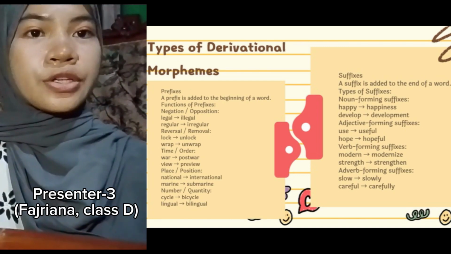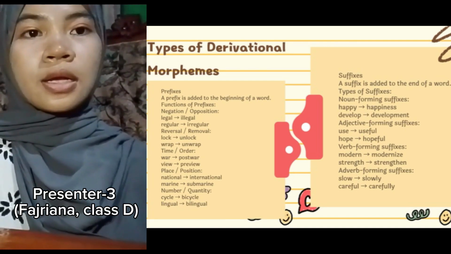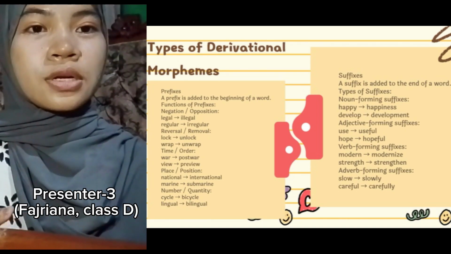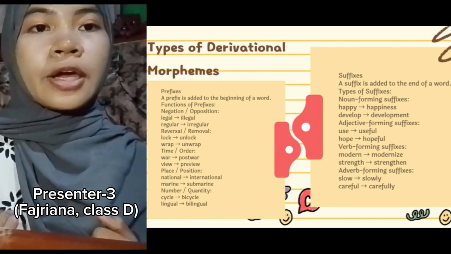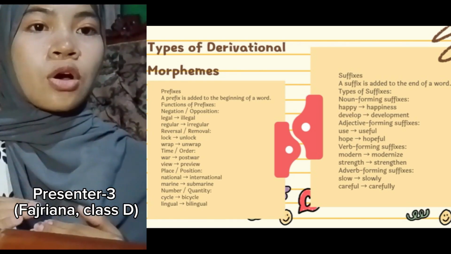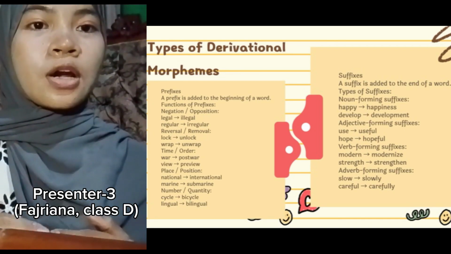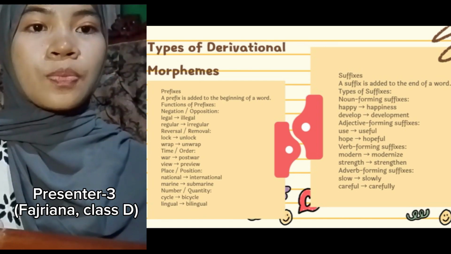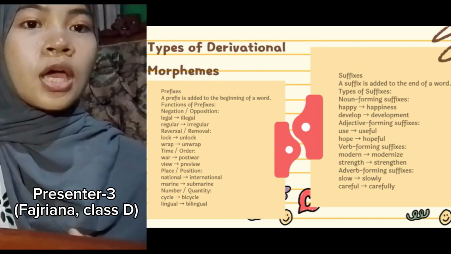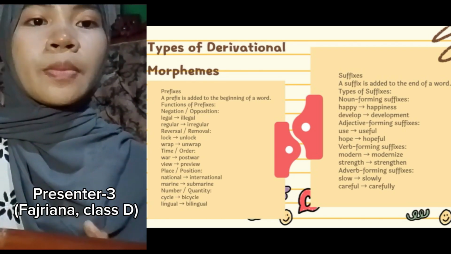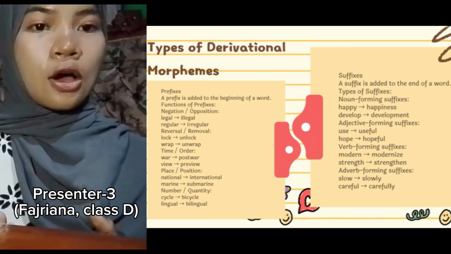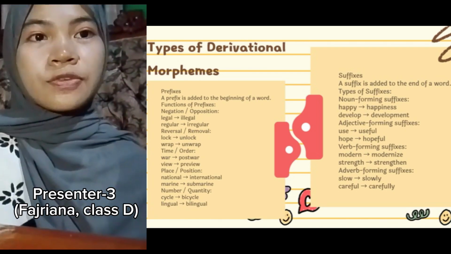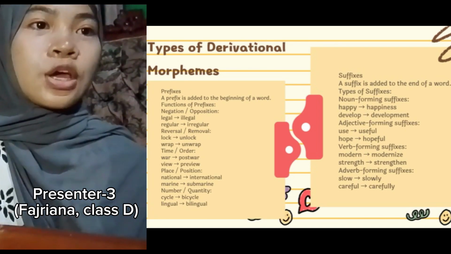Functions of prefix: negation or opposition, legal or illegal, regular or irregular; reversal or removal, lock or unlock, work or unwork; time or order, war or postwar, view or preview; place or possession, national or international, marine or submarine; number or quantity, cycle or bicycle, lingual or bilingual.